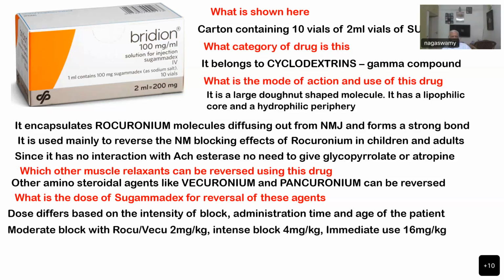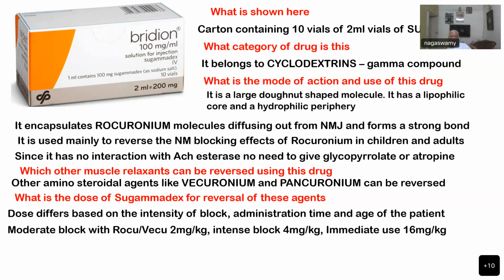So moderate block, you give 2 mg per kg. Intense block, that is after about 10 or 15 minutes of administration of the drug, and you want to reverse at that time, even when the spontaneous respiration has not started, you can give 4 mg per kg.